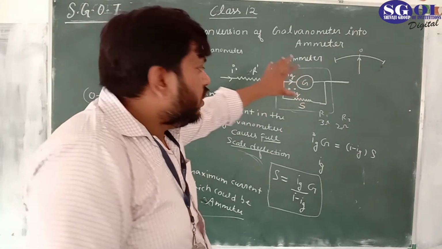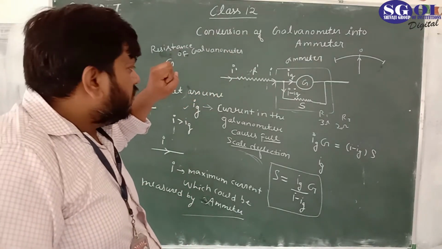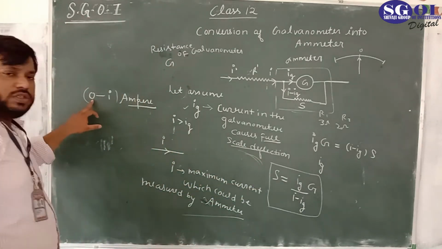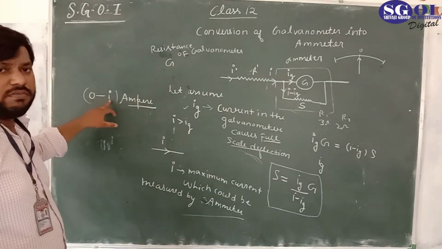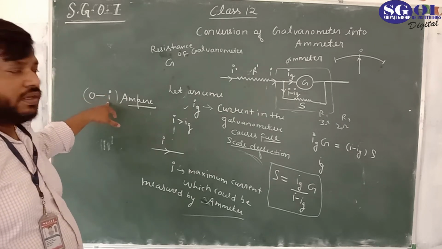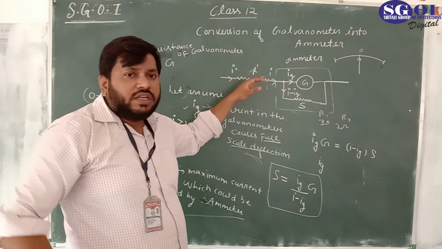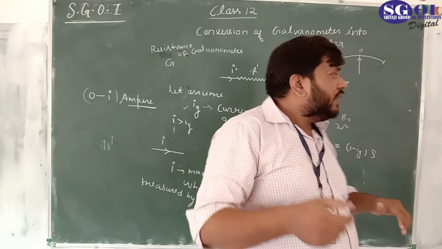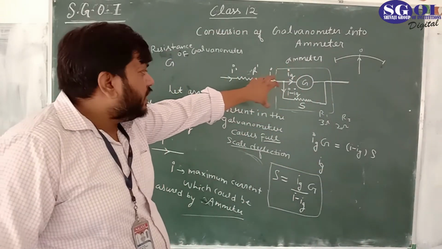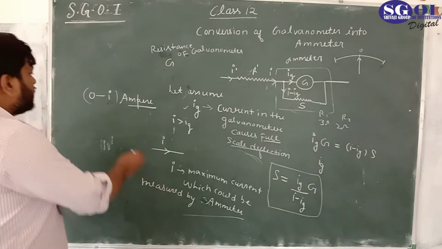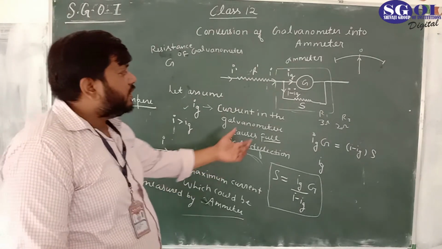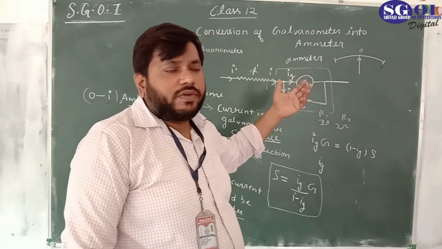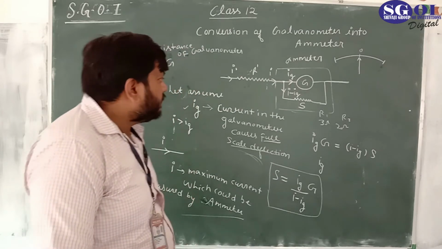So any ammeter can read up to a particular range. The minimum range value is the same for all ammeters, and the maximum I is the maximum current flowing in the circuit, because current is different for different circuits. If we want to apply the ammeter, that ammeter has a range, and if the current is too high for it to read, it could get damaged.